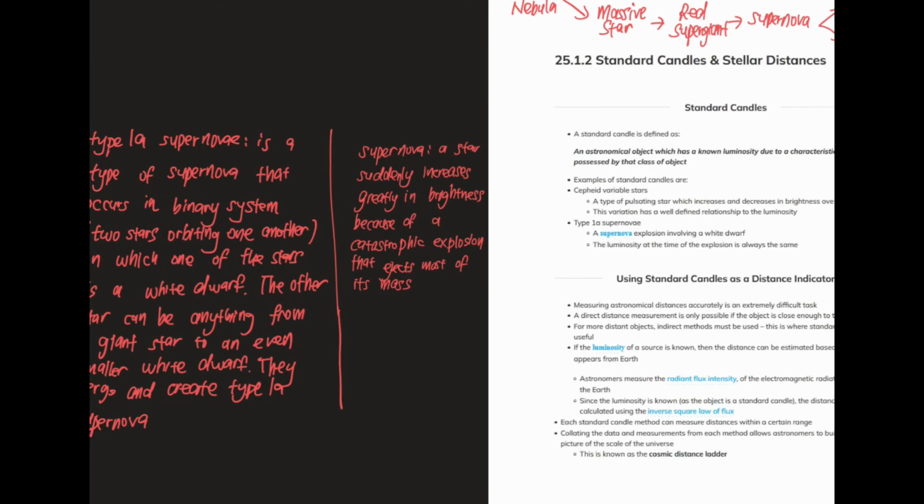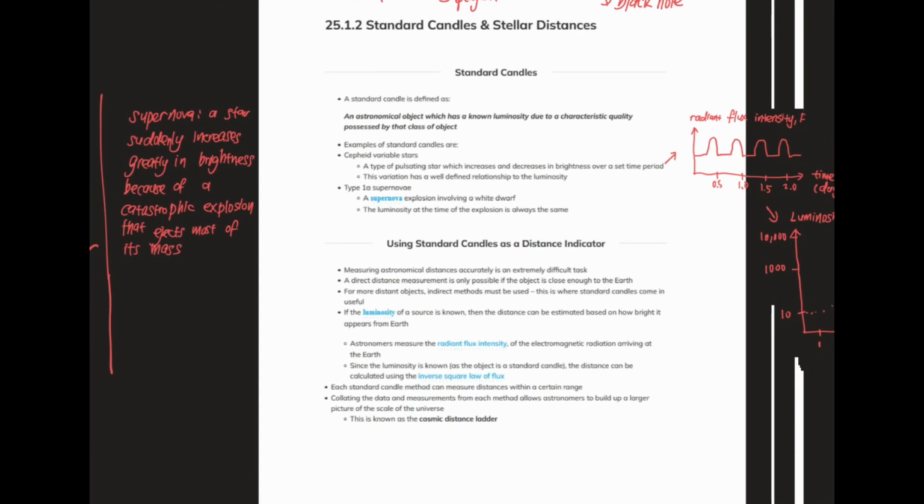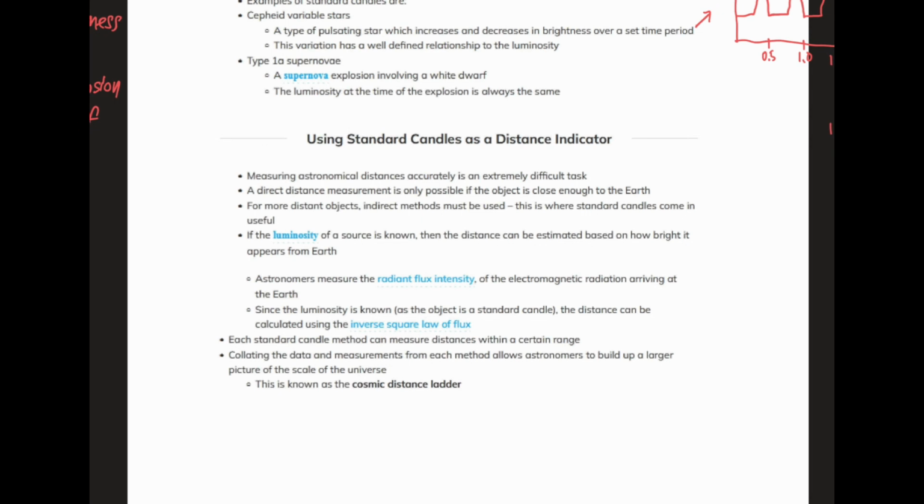So let's continue here. Using standard candles as a distance indicator. When we talk about standard candles, we can find out their luminosity, then we can use the formula to find out the distance. Measuring astronomical distances accurately is an extremely difficult task. That's why it involves a lot of calculation. A direct distance measurement is only possible if the object is close enough to the Earth.